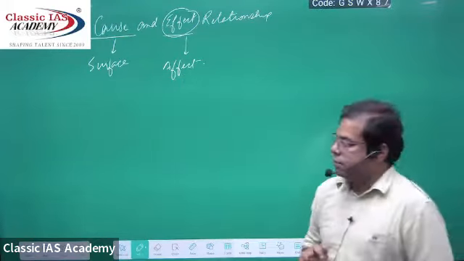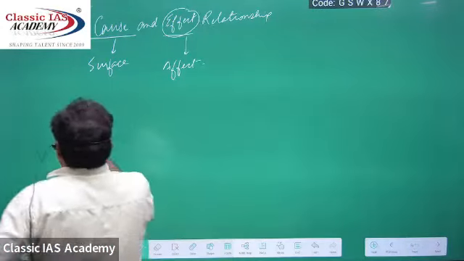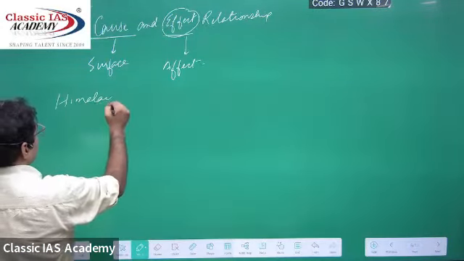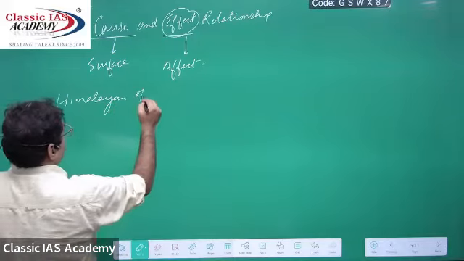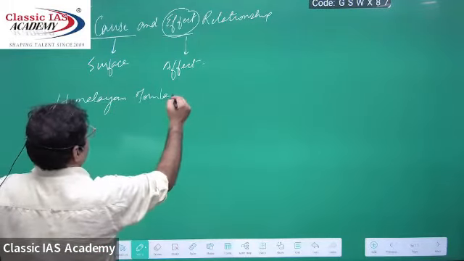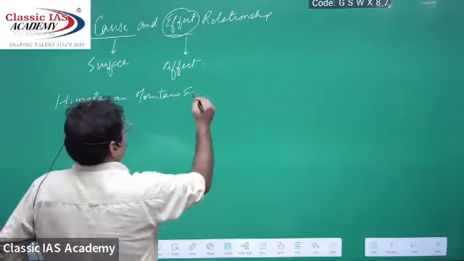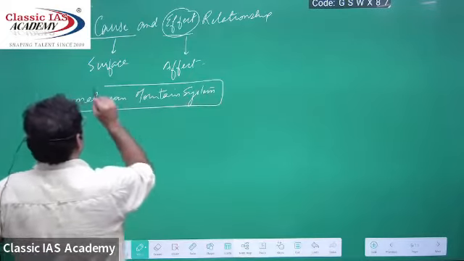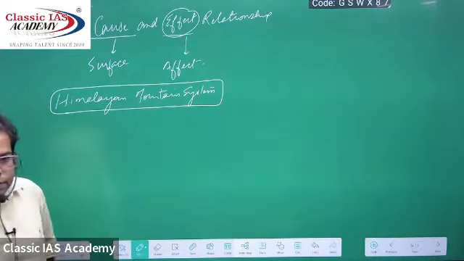For example, Himalaya, everybody knows Himalayas. Himalayan Mountain system. So we know this Himalayan mountain system is there in the northern part of India.